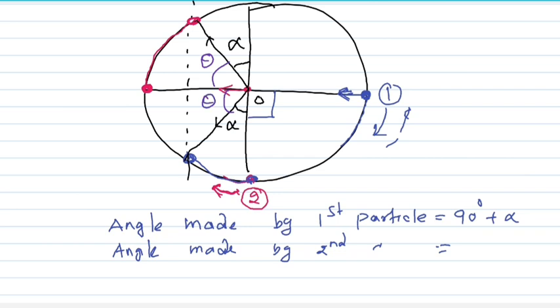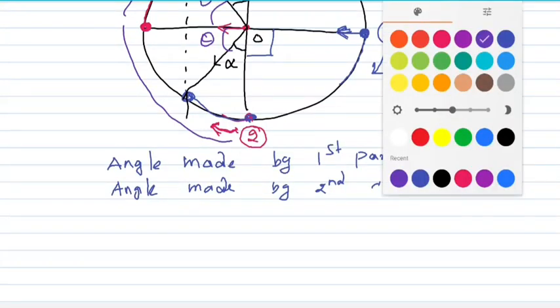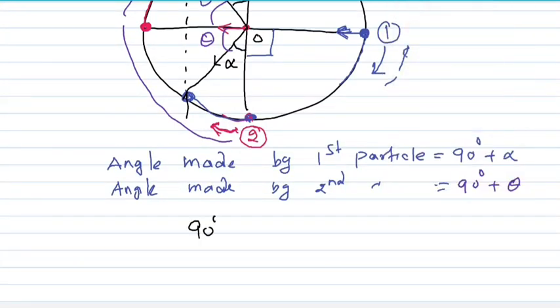So the second particle makes an angle 90 degrees plus theta. Both the angles are the same here, so I can equate these two. 90 degrees plus alpha is equal to 90 degrees plus theta. From this I get alpha is equal to theta.